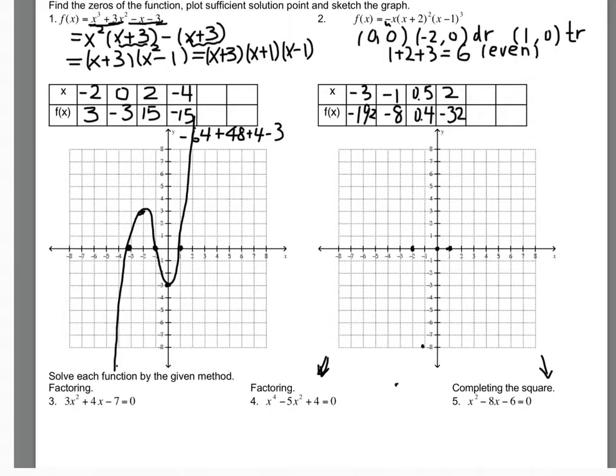When x equals 0, that's passing through the origin, and that's also our y-intercept. When x equals 0.5, y is 0.4, so it's going to be here. And when x equals 2, y is negative 32. So again, it goes down.